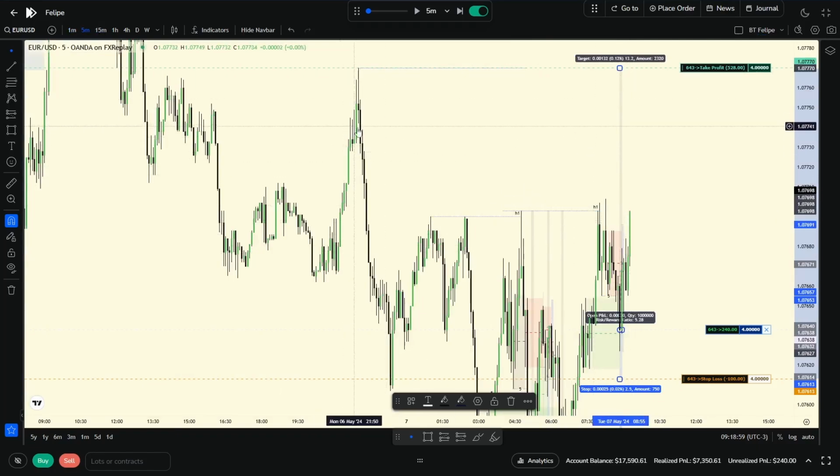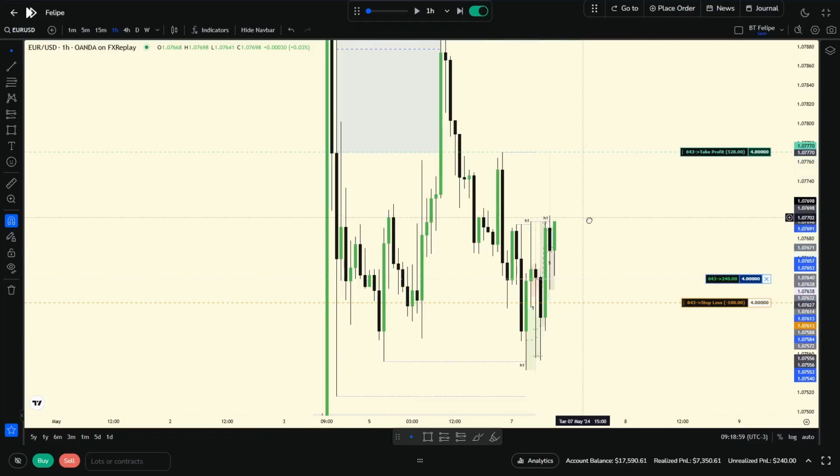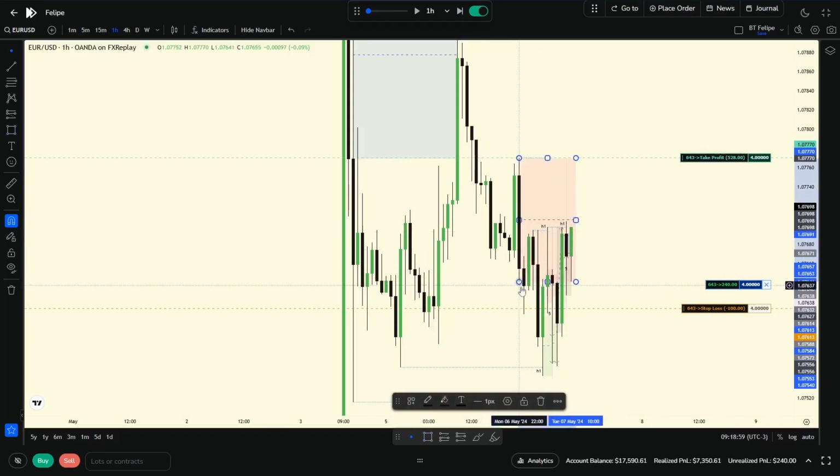I'm just hoping that price is going to ignore all of this. Here on H1 there is no order block. I mean there's this. This would be the buy to sell. There's this 50%.